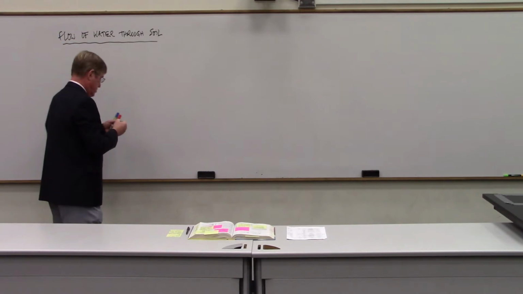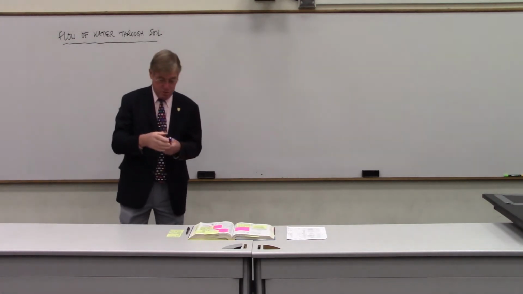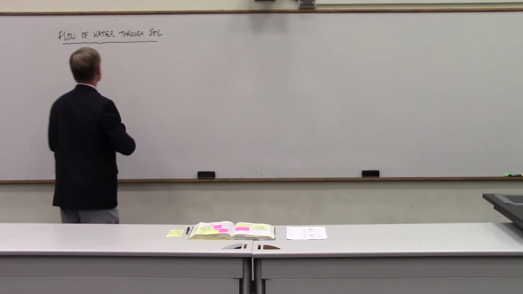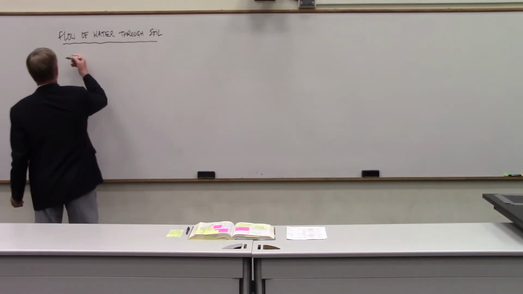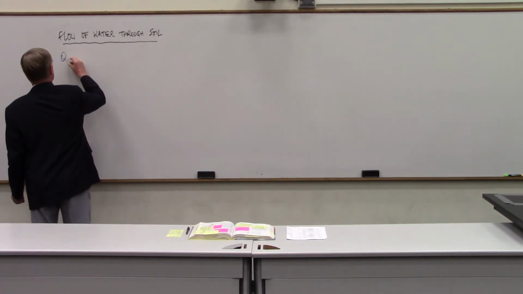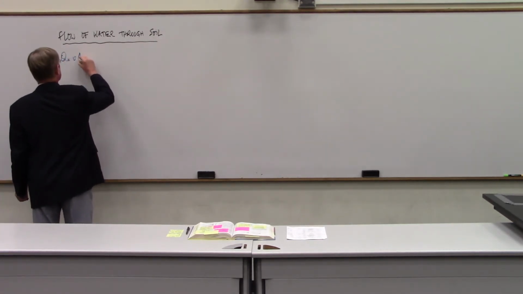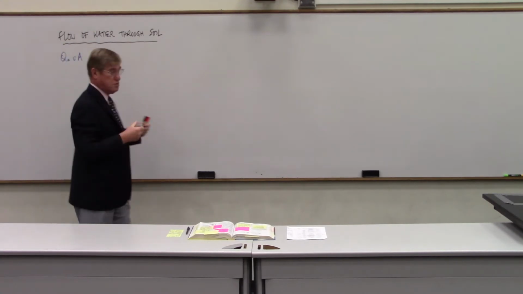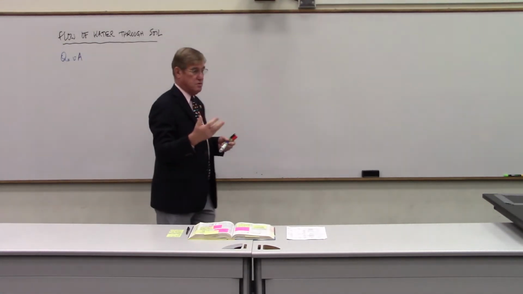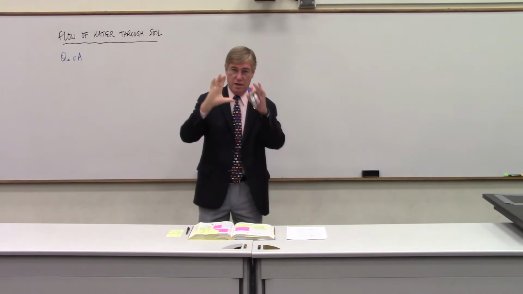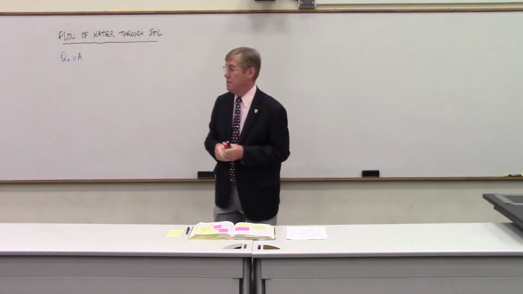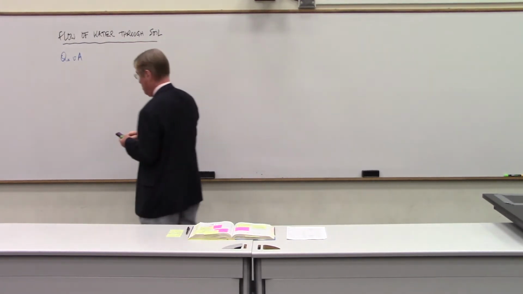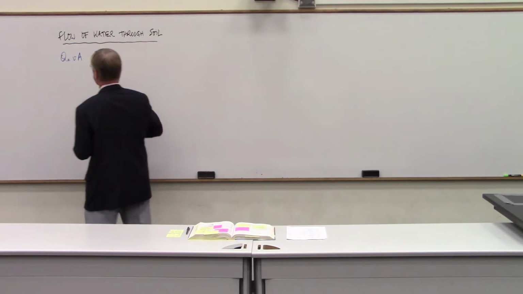And last time we saw a number of very important equations. The first one was Q equals VA, where Q is the flow, V is the discharge velocity, and A is the cross-section area through which the water is traveling.